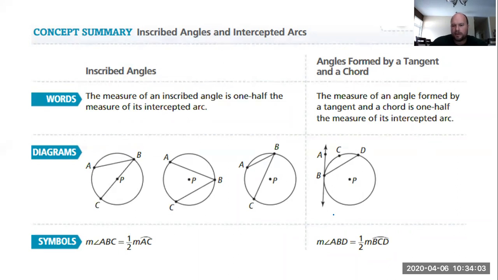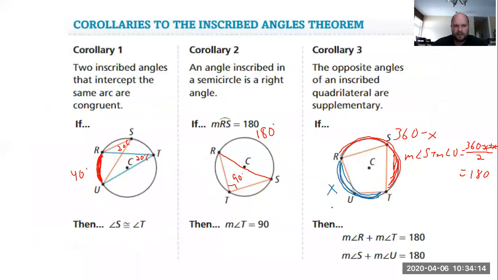So a corollary is a theorem as well, but it's a theorem based on another theorem. These are all their own separate theorems and ideas that are based on the main theorem of the angles being half. Like corollary number one, we can use the other theorem to prove it.